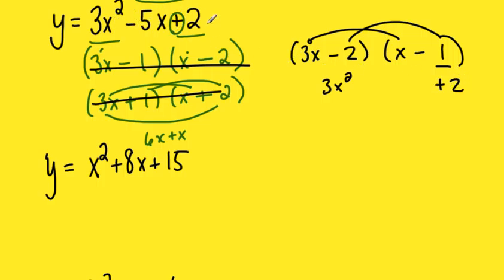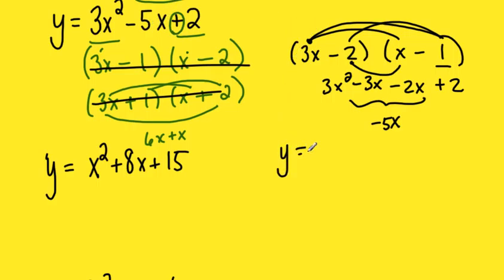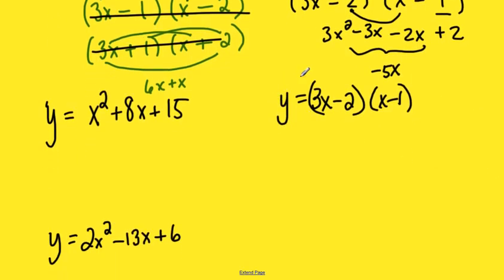So I'm good with the first and the last ones. And now 3x times negative 1 is negative 3x, and negative 2 times x is negative 2x. That becomes negative 5x, which is what I need. So y equals 3x minus 2 times x minus 1 would be factored form. Okay, that's your answer to that one.